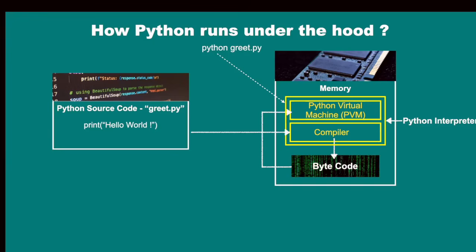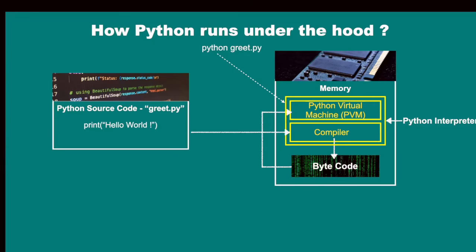Quick recap. Logically, you can think of the Python interpreter as two components, the compiler and the Python virtual machine. The compiler reads the source code and converts it into bytecode instructions, and the Python virtual machine executes the bytecode on the hardware. Up to this, I think it's clear, right? If you have any queries, please feel free to put them in the comment section, so I can get back to you.